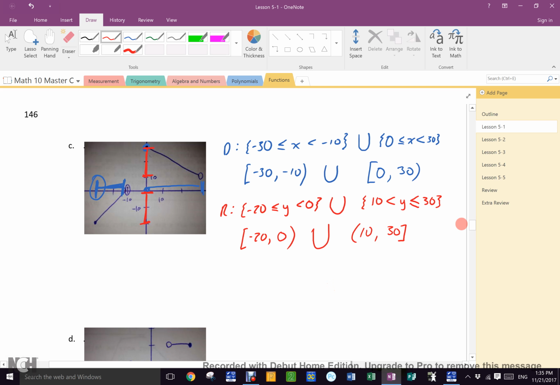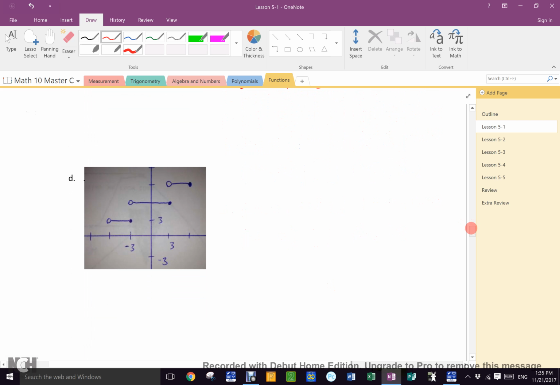All right. Now, letter D has everything that we have learned in the entire lesson in it. Okay? So we're going to go real slow through it. We're going to start with our domains. Where do our domains live? On the X or the Y axis? On the X. So we're only going to look at the X axis.